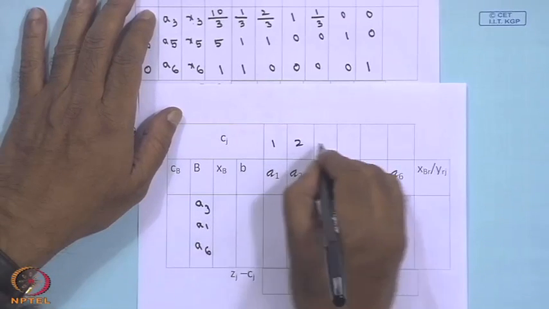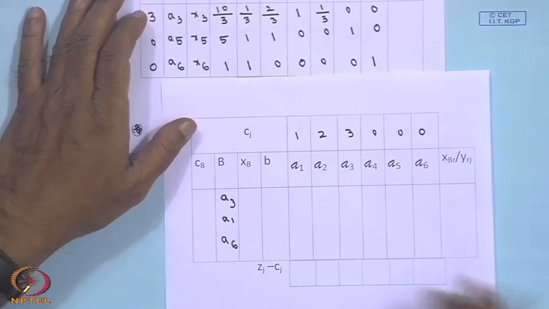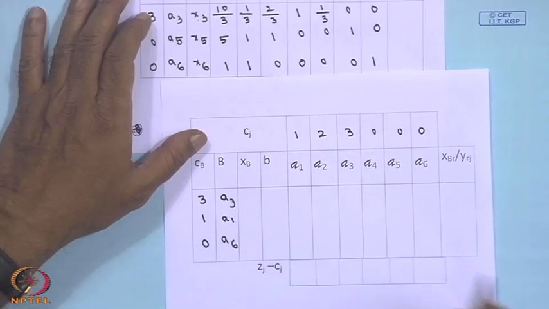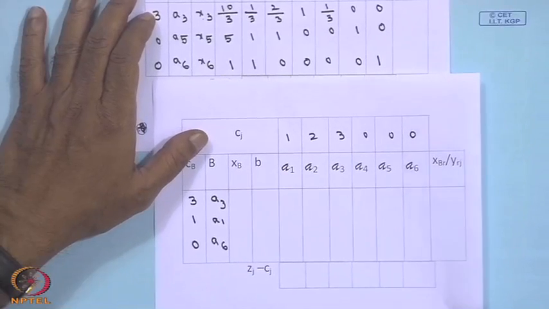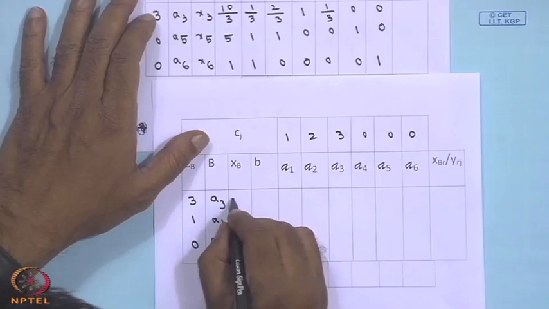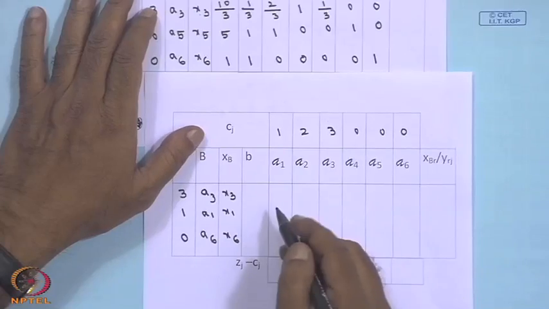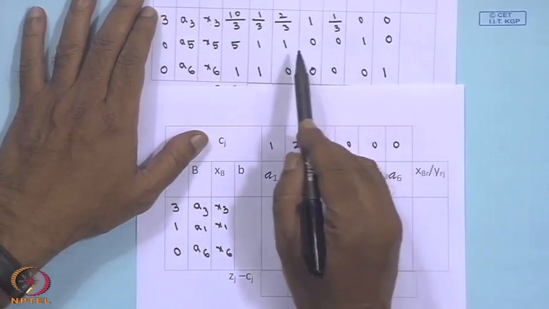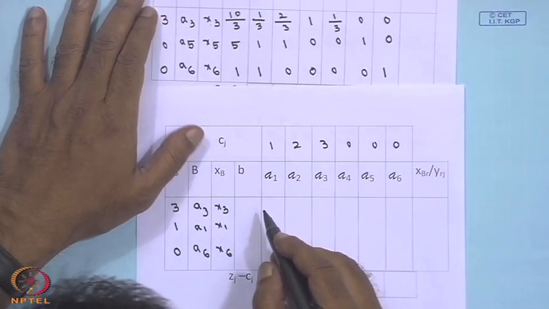This will be 1, 2, 3. Your CB is now, in this case, A3 is 3, x1 we have entered, so 3, 1 and 0. If you calculate these values, the row corresponding to A1 will remain the same. This is x3, x1, x6. The second row, where x5 was going out, is 1, so we are not making any changes.